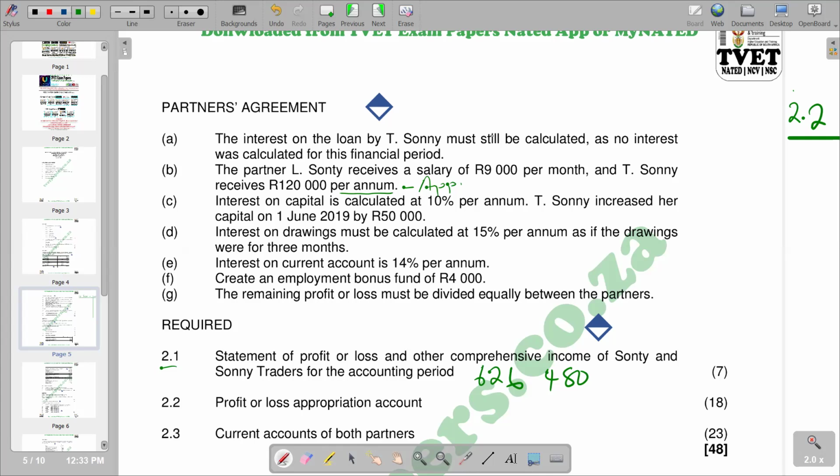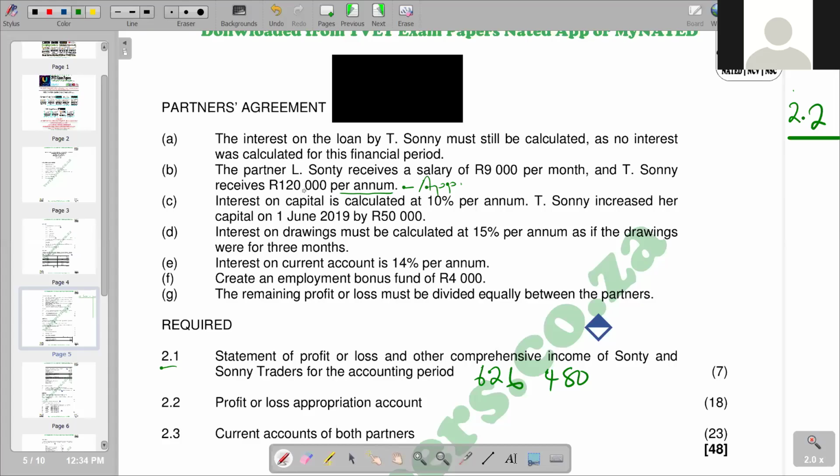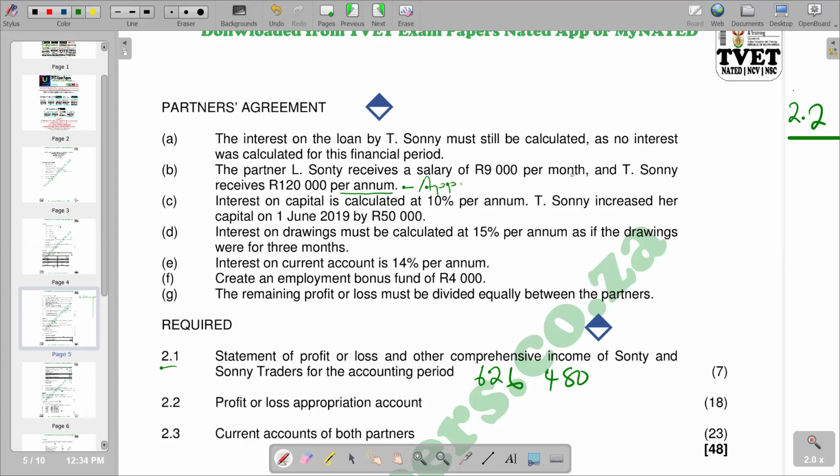That's where it was included, in the calculation of 2.1, where we adjusted the one that is per month, which is 9,000 rands. So we are only going to take the one that is per annum, which is 120,000, that's supposed to be in the appropriation. So we go there and present it as such.